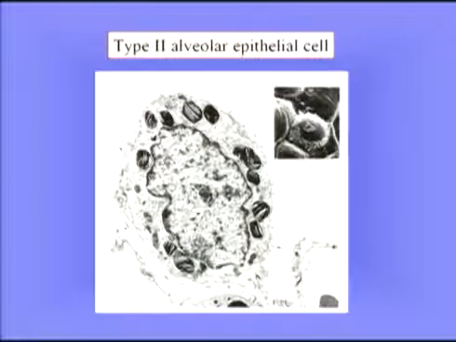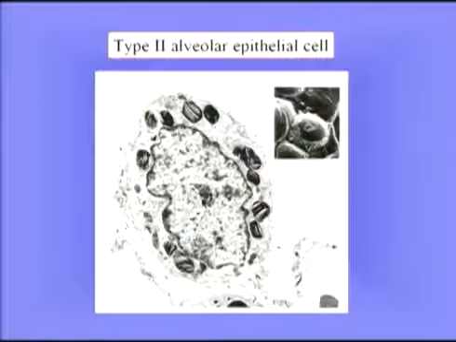And notice that they've got this sort of onion skin appearance, and that's very characteristic of surfactant. So this material is going to be extruded from this cell onto the alveolar surface and is going to form the surfactant.